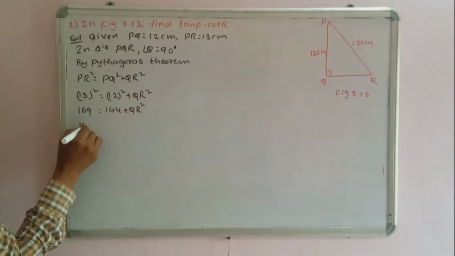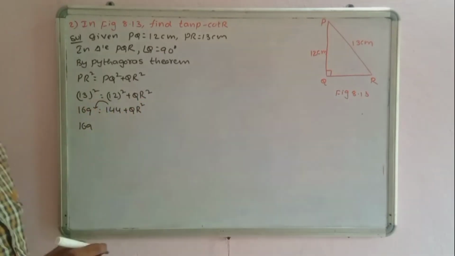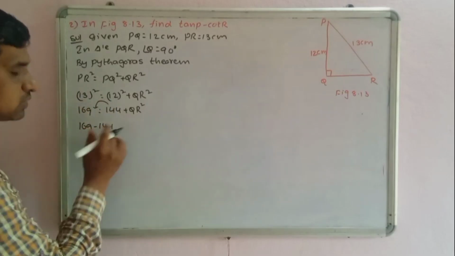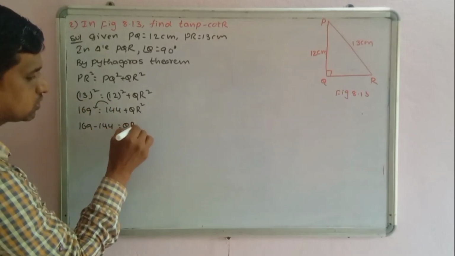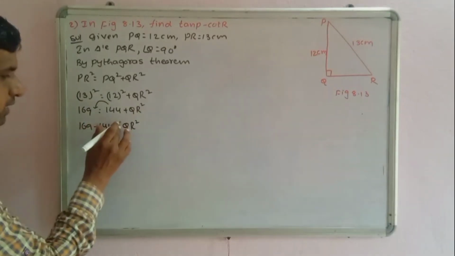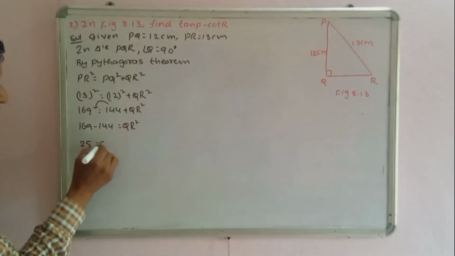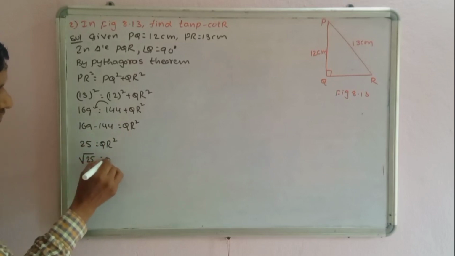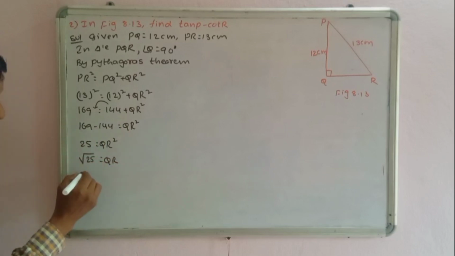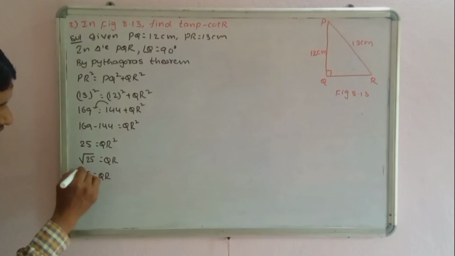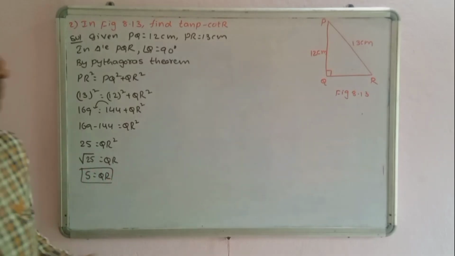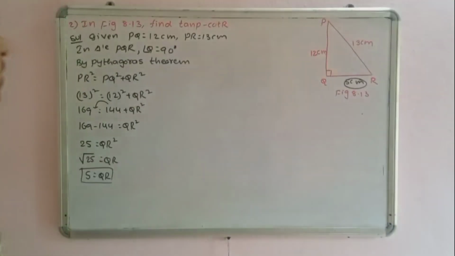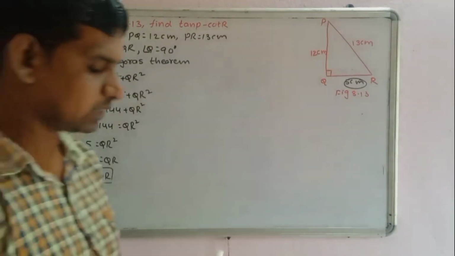Transpose 144 to the left side: 169 minus 144 is 25 equals QR square. Square root of 25 is 5 equals QR. Therefore the value of QR is 5 centimeters.